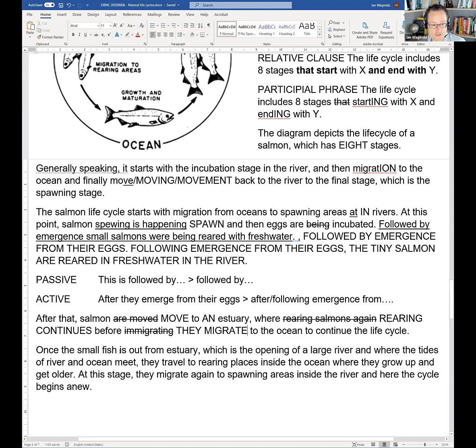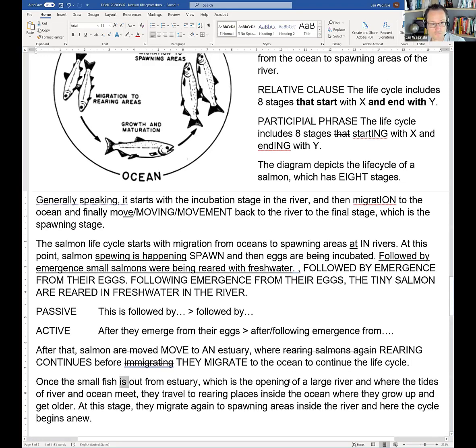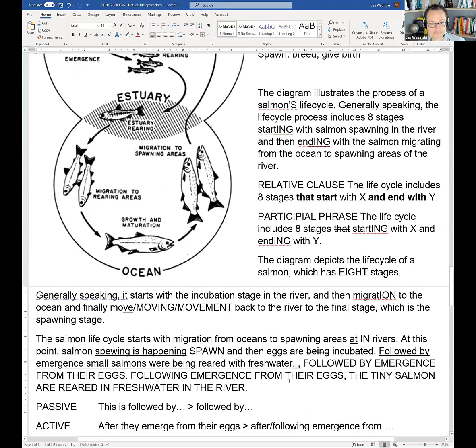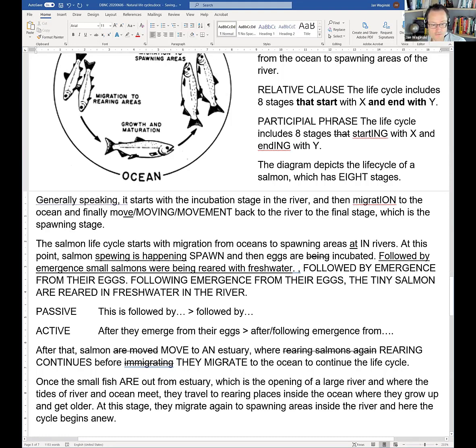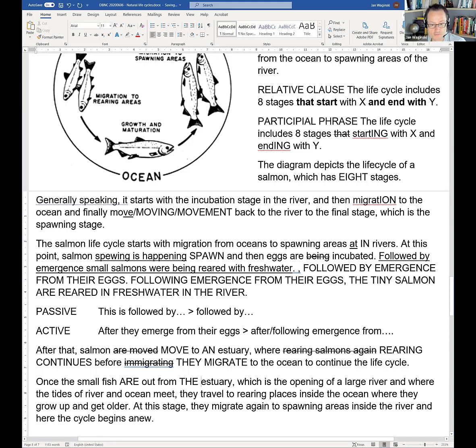Once the small fish. This is yours, yeah, Dina? Yeah, yeah. Because you've got they here, right? Okay, yeah. Small fish are out from the estuary, which is the opening of a large river, and where the tides of river and ocean meet. Good.